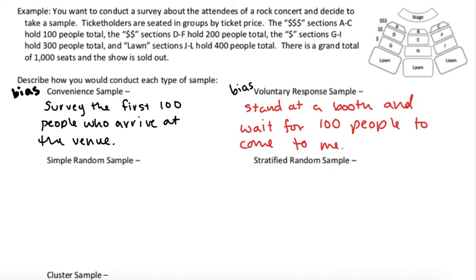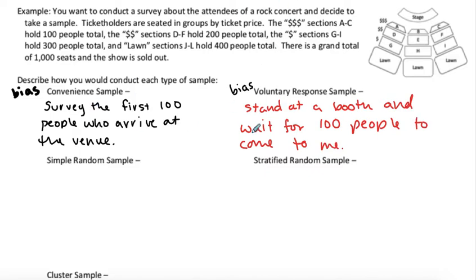Or hey, do you want to fill out the survey for me? Convenience sample surveys the first 100 people that arrive, just boom, boom, boom, boom right after a while. Voluntary response is people that are going to say, no, thank you, nope, I'm good. And you just wait until 100 people out of your 1,000 people there that could walk by this stand or booth will come up to you.